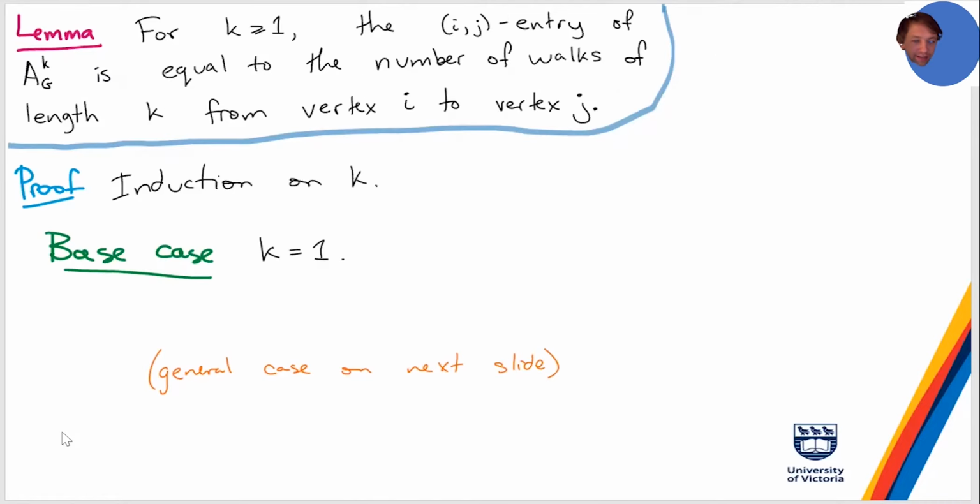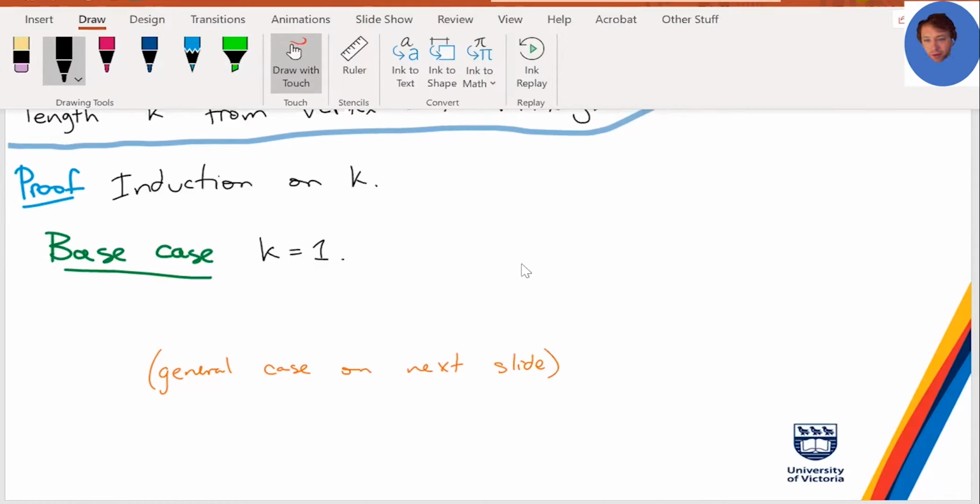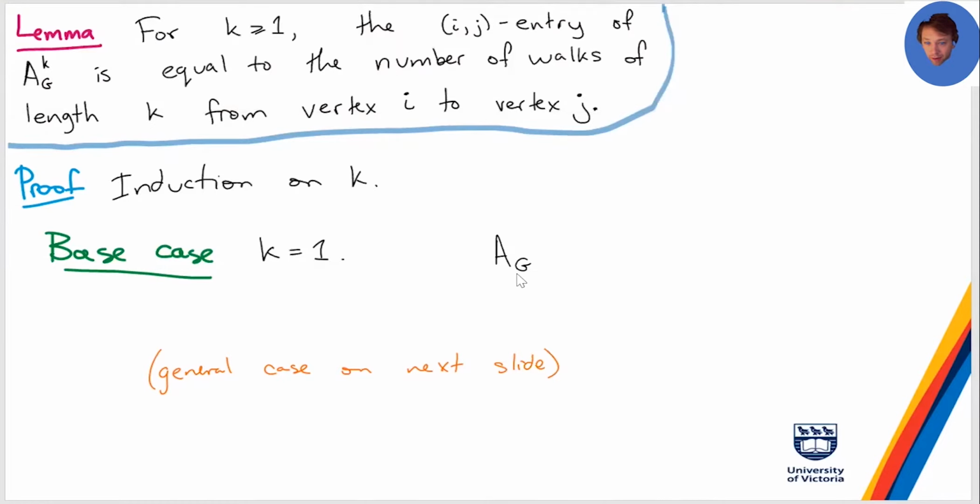In the base case, k is 1, so we're just dealing with the first power of the adjacency matrix. Obviously, there's a walk of length 1 from i to j if and only if i and j are adjacent, and you can't have more than one walk of length 1 between them because there are no multiple edges.